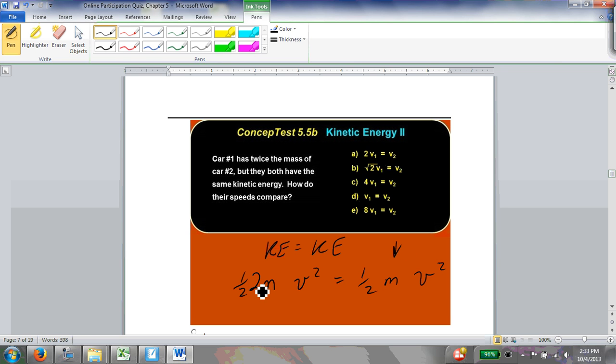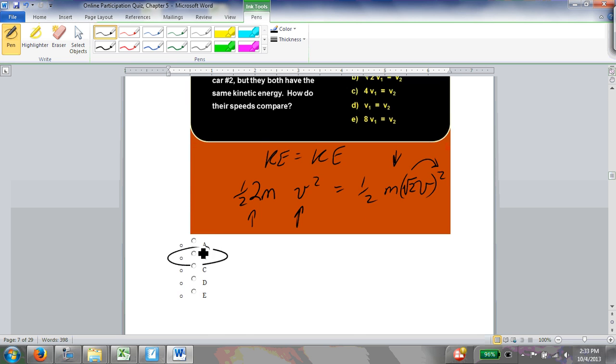That means that car 1 has mass 2m. All right? So if car 1 has speed v, that means that car 2 has to have speed root 2 v. Because you see here, I square this root 2, and it will give me a factor of 2, which will match the left-hand side of the equation. So that is going to be option B.